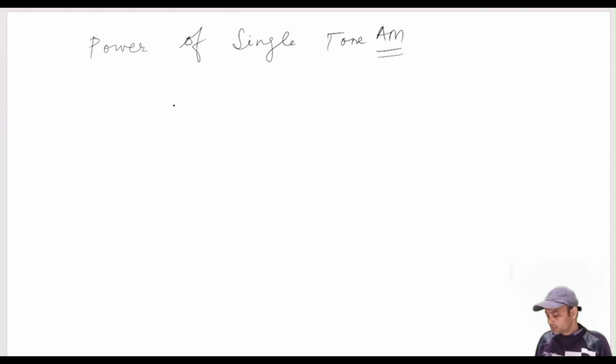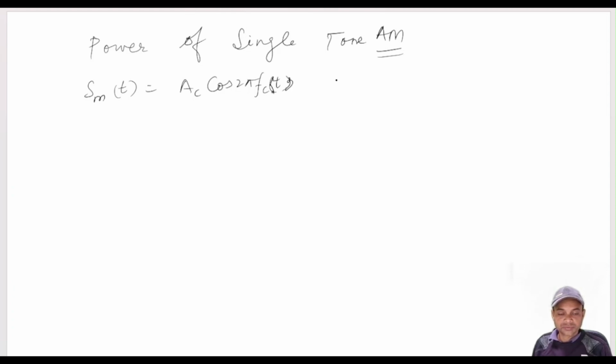First we have to write the expression we have written before. s(t) is Ac cos 2 pi fc t plus mu Ac cos 2 pi fm t cos 2 pi fc t.